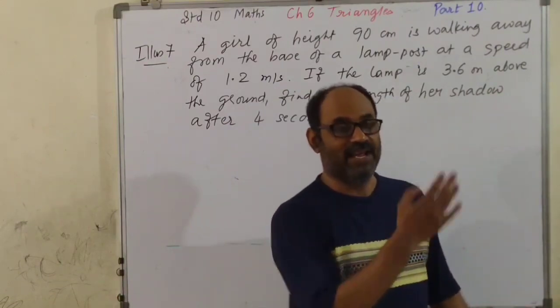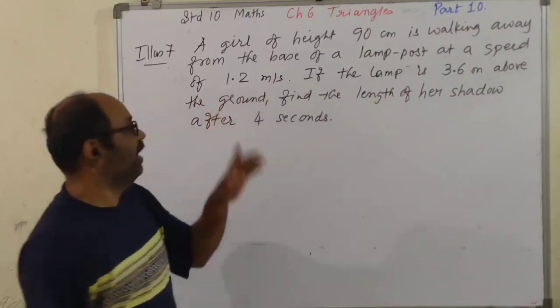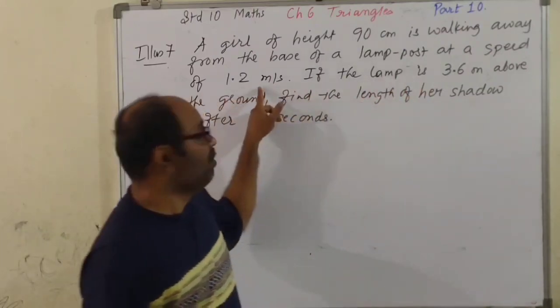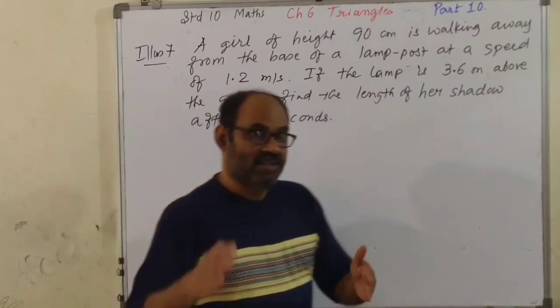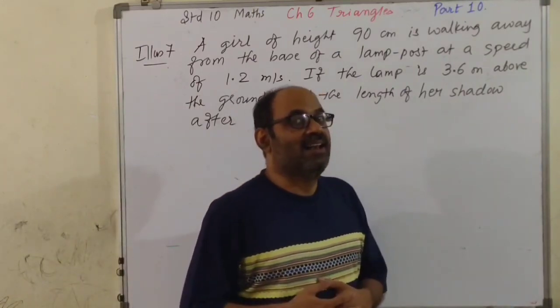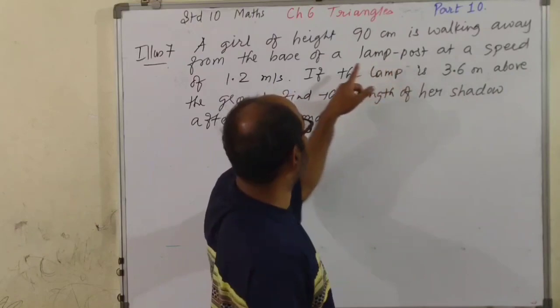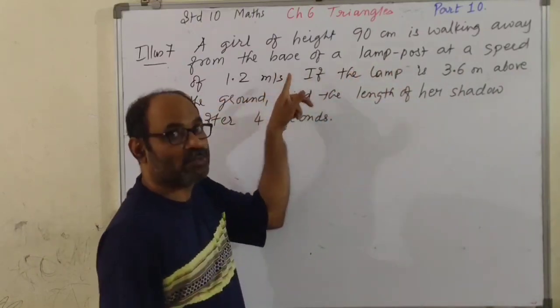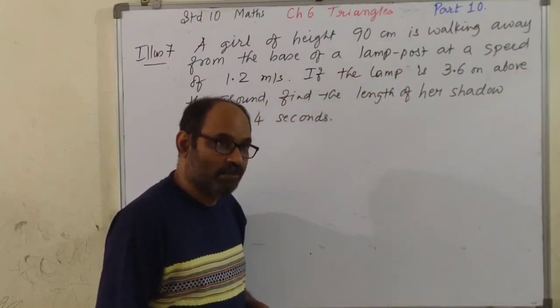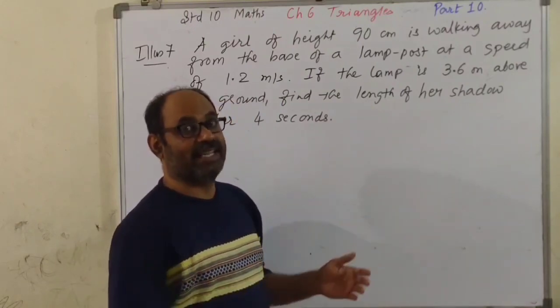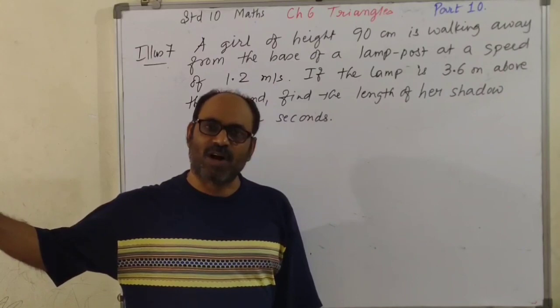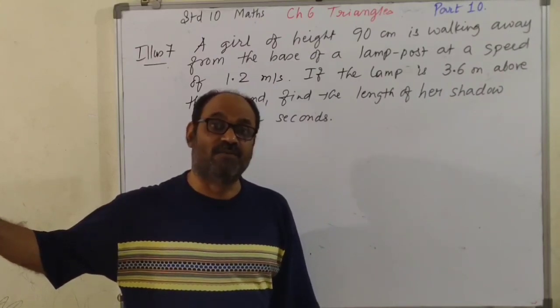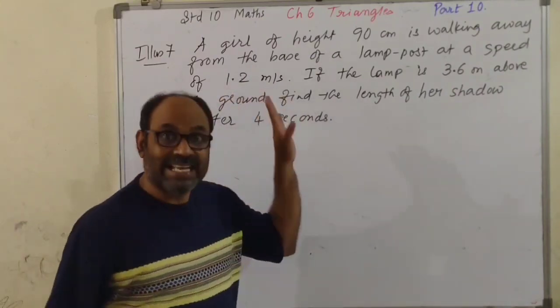She moves away. Alright. At the speed of 1.2 meter per second. Speed of that girl is given. The girl, where is the girl? Base. It is said, base of the lamppost. She is standing at the base of the lamppost. And now she starts walking at a constant speed of 1.2 meter per second.